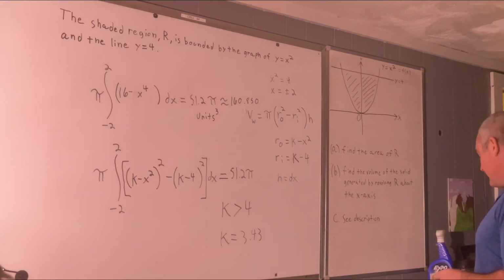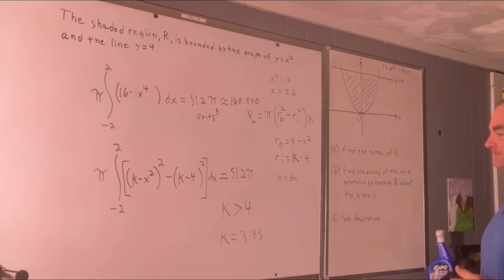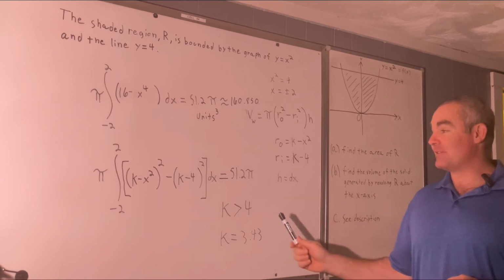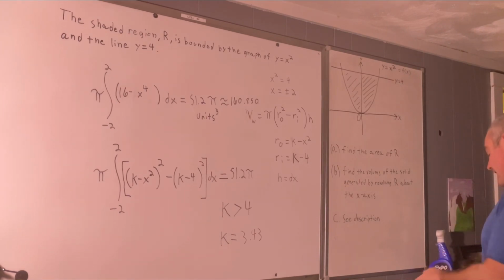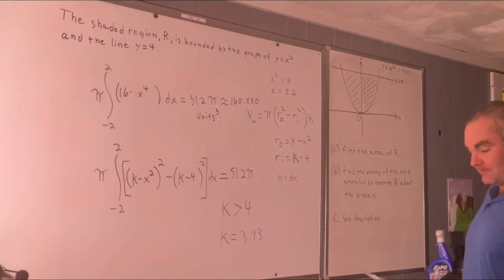So when I originally took this, I wasted a lot of time trying to find the value for k that's greater than 4 that satisfies this. And I did that because I didn't read the problem carefully. It says write but do not solve an equation involving the integral expression that can be used to find the value of k.